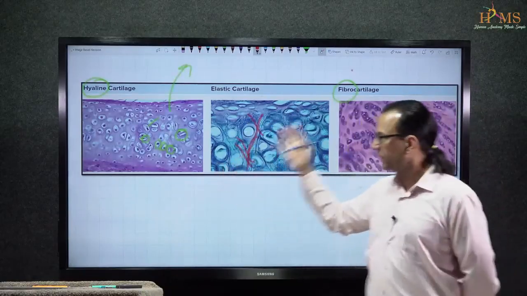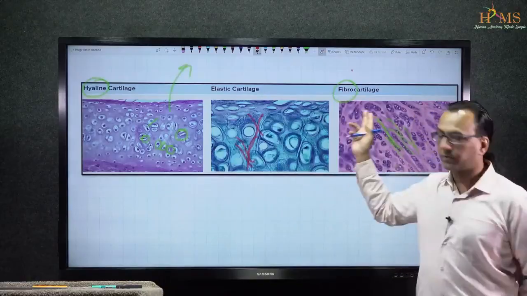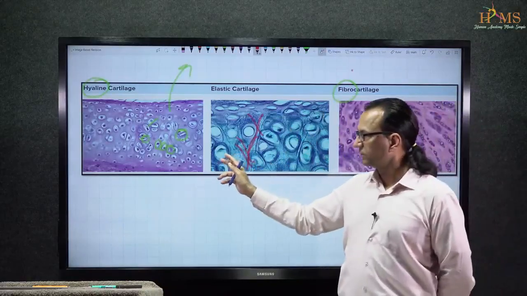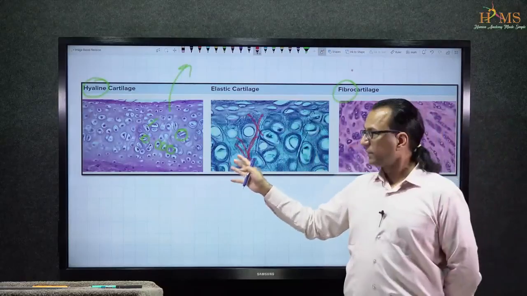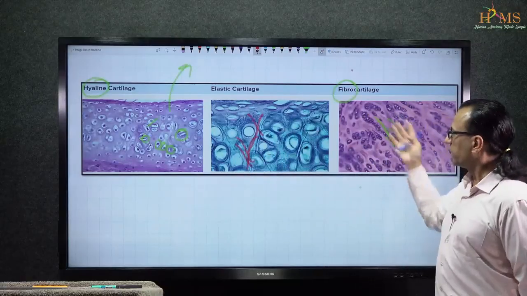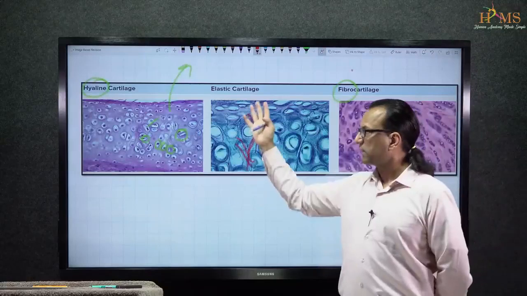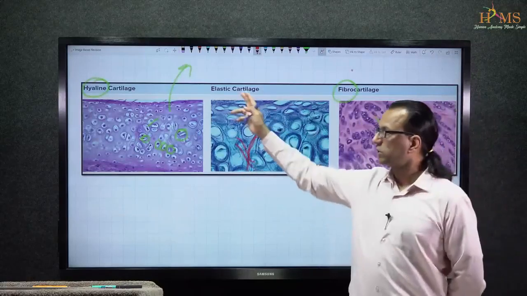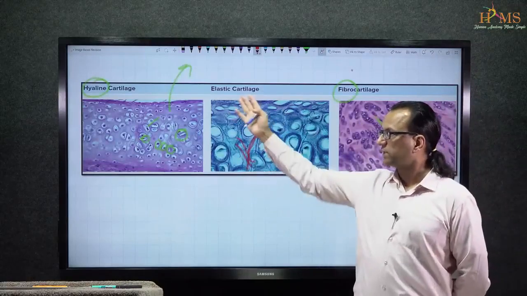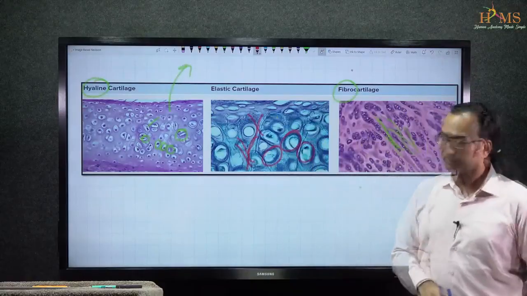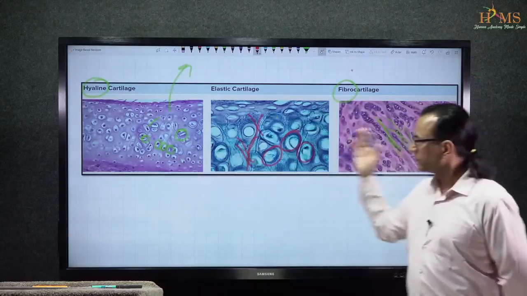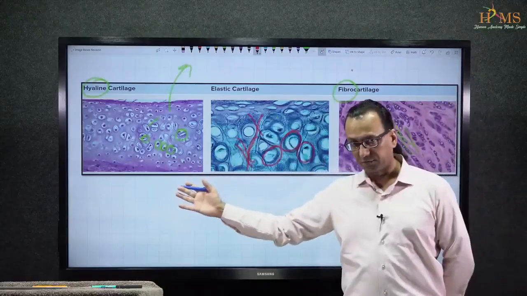As compared with collagen, which is long length fibers, these are short length fibers. Collagen fibers run in bundles, they run singly, and there is no branching of the fibers, but the elastic fibers are branching. So short, single and branching fibers, elastic cartilage with large chondrocytes here. So this is how you identify different types of cartilages from each other briefly.